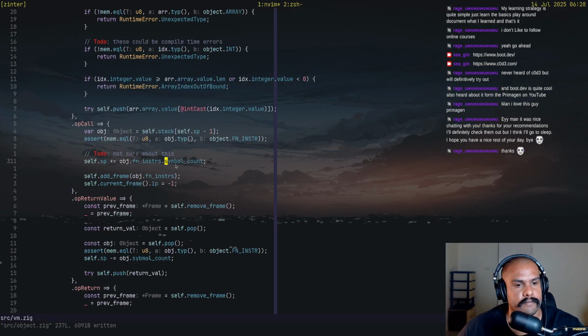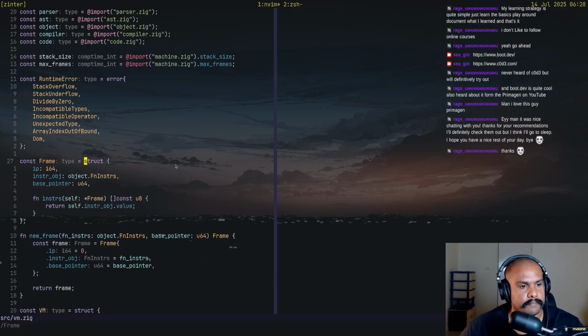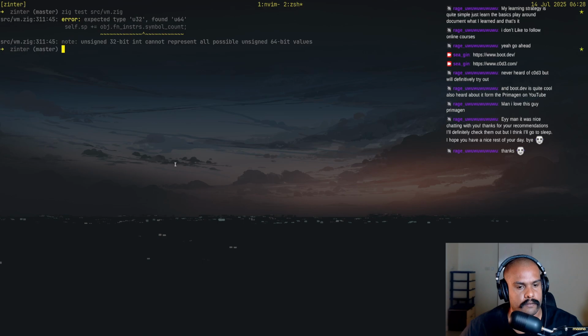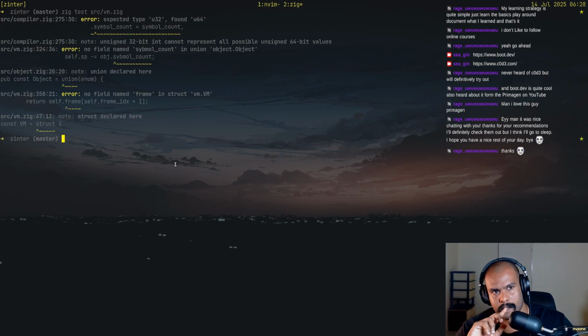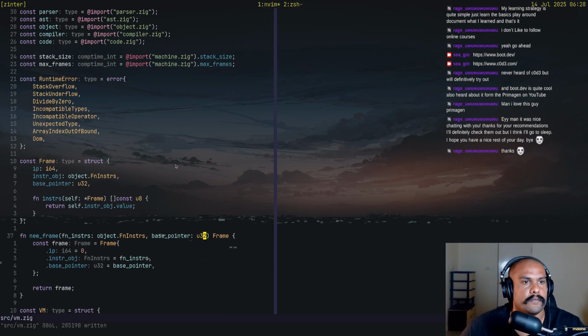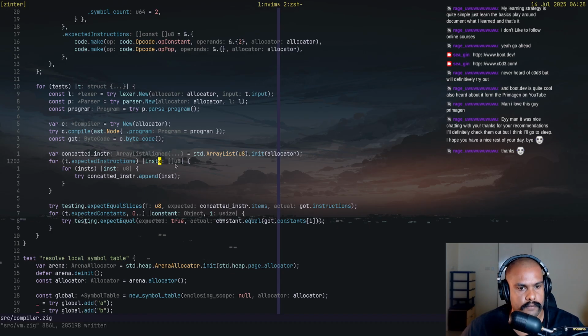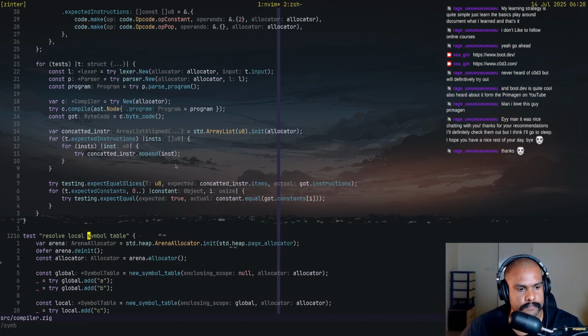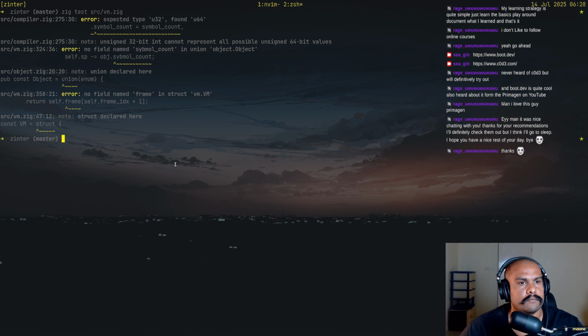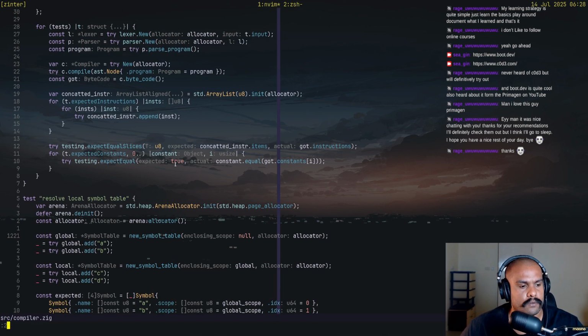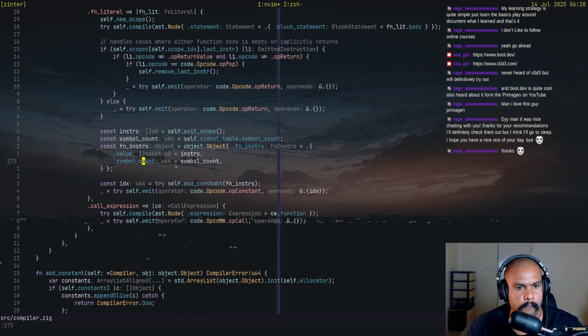I think I'll do the same for frame. Just be u32. Can't be bigger than the stack anyways. Need to fix the compiler. 275.